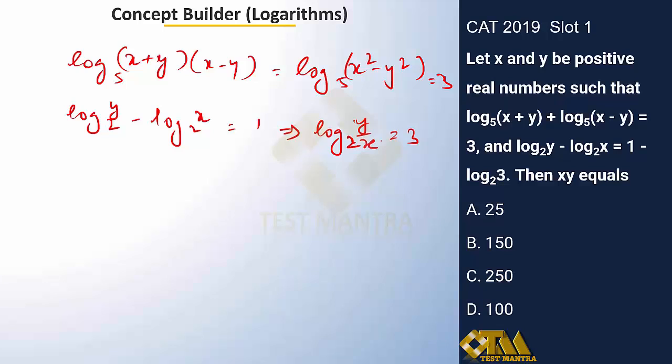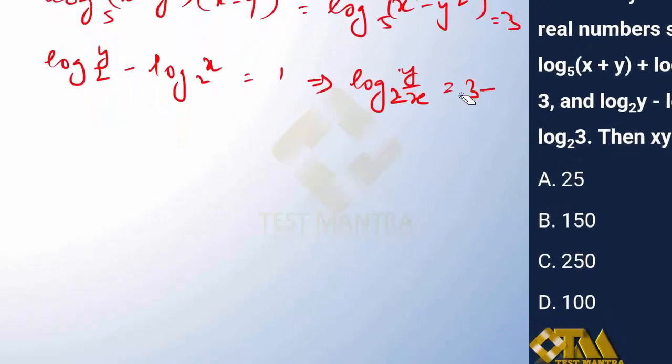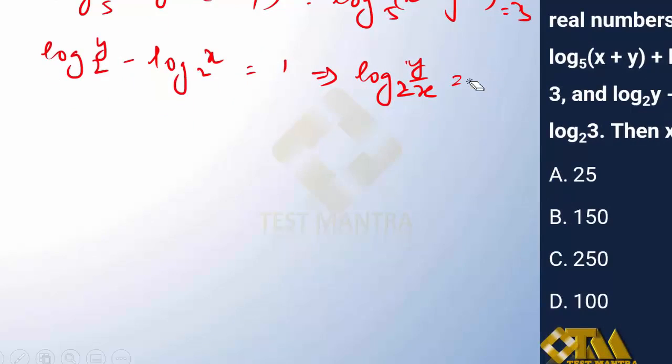So here, if we take this part, is equal to 1 minus log 3 to the base 2, right?